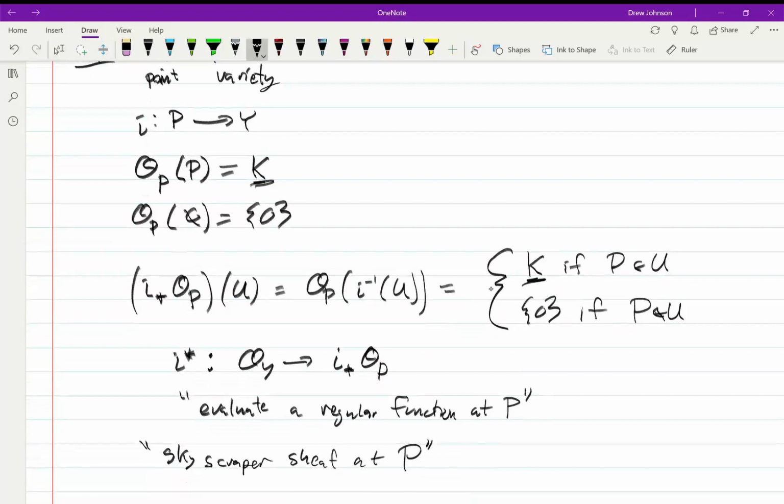So the skyscraper sheaf is something tall at one point. Sometimes it's called K subscript P. Once again, this is suggesting that you have the field K at the point P, and that's all the information there is. These examples actually do come up sometimes, skyscraper sheaves.